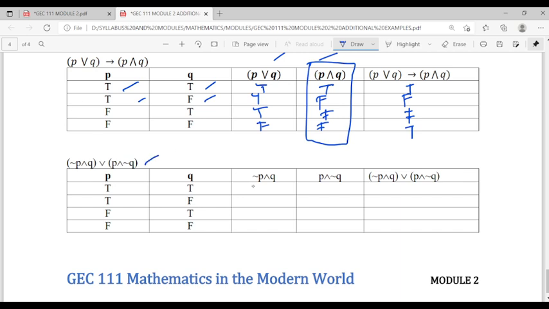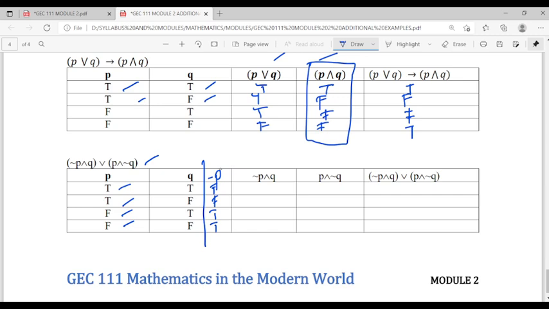Last example, we have this one. So we're going to solve the not P, conjunction to Q. So first, we forgot another column here for not P. So what is the kabaliktaran of our P? So false, false, true, true.